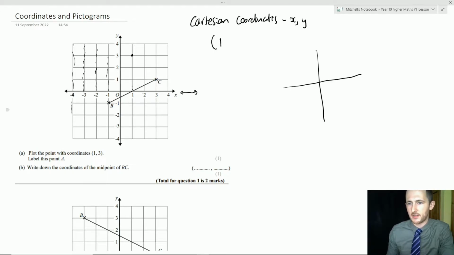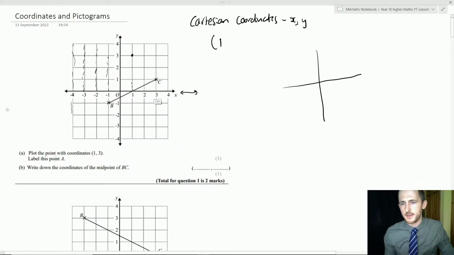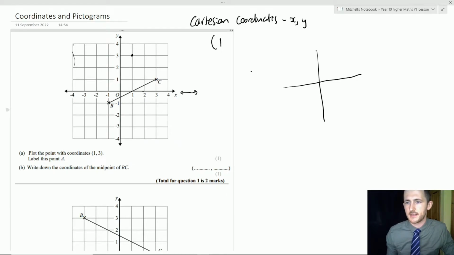The value of x that goes up to here is 1. So we'd start with the 1, and then if we look at the y value, because again we need a pair, because at the moment it can exist anywhere along that whole line, we would go up to where it says on the y-axis. Y again tells you how far up or down you're going, and in this case the point that I've chosen is going to be a 3.